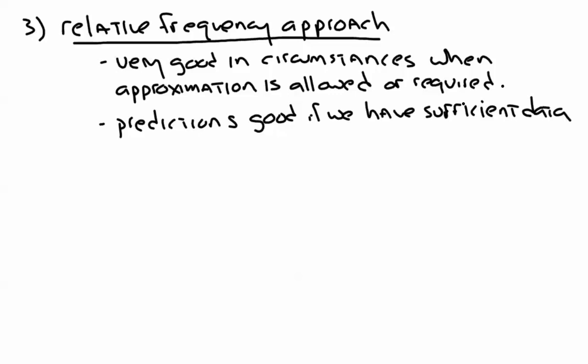And I will say this, that the relative frequency approach to probability is best if we're dealing with finite and discrete chance experiments, meaning that we have a finite collection of outcomes and they are discrete and easily distinguished from one another.